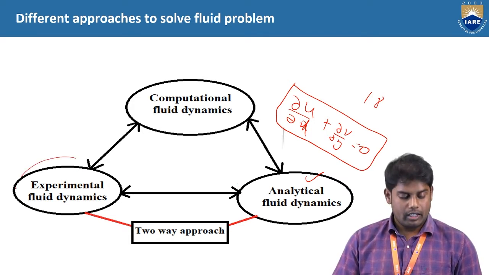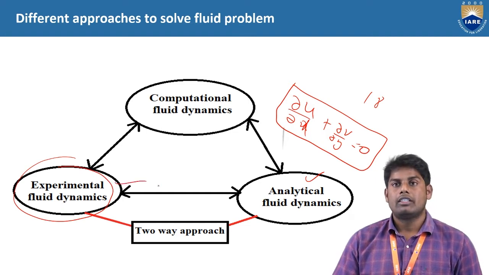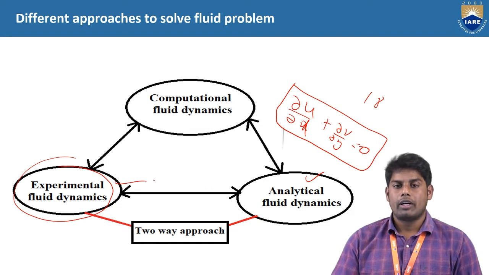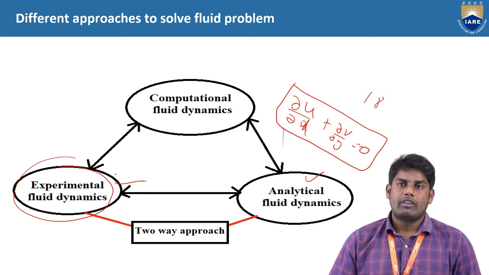Later, people developed experimental fluid dynamics. This helped to set up a virtual setup to see how the flow is behaving over a particular body when a model is placed in an experimental setup.